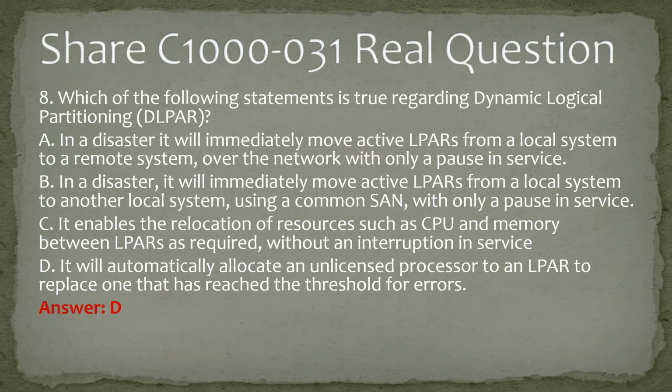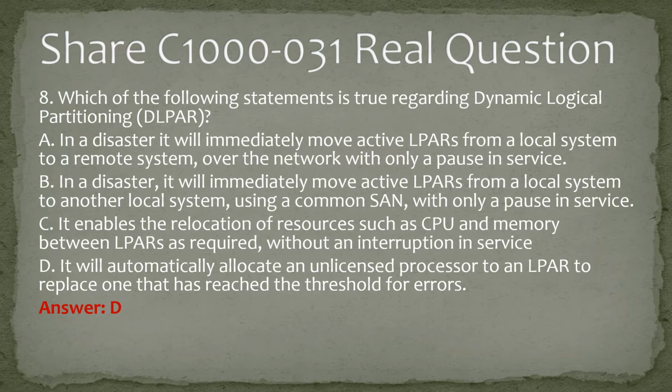8. Which of the following statements is true regarding Dynamic Logical Partitioning DLPAR? A. In a disaster it will immediately move active LPARs from a local system to a remote system, over the network with only a pause in service. B. In a disaster, it will immediately move active LPARs from a local system to another local system, using a common SAN, with only a pause in service.